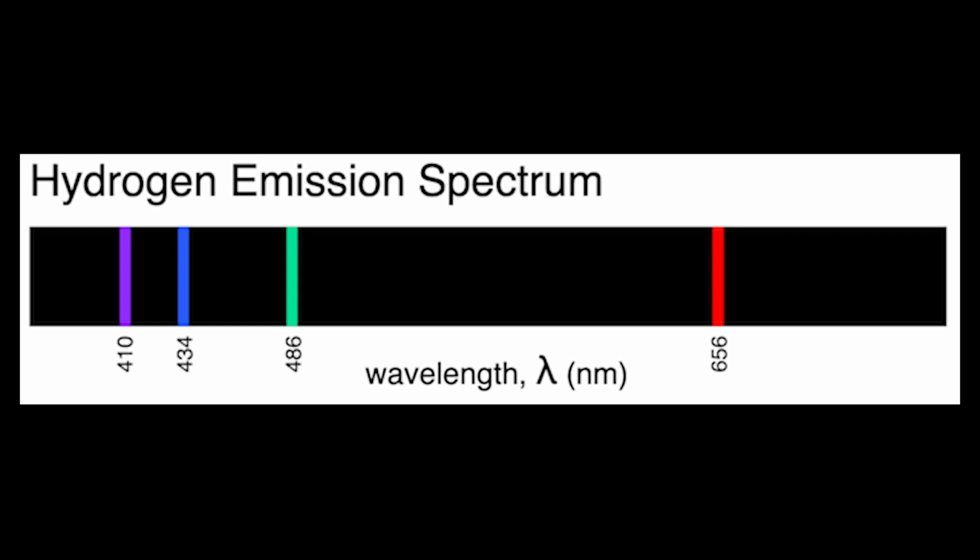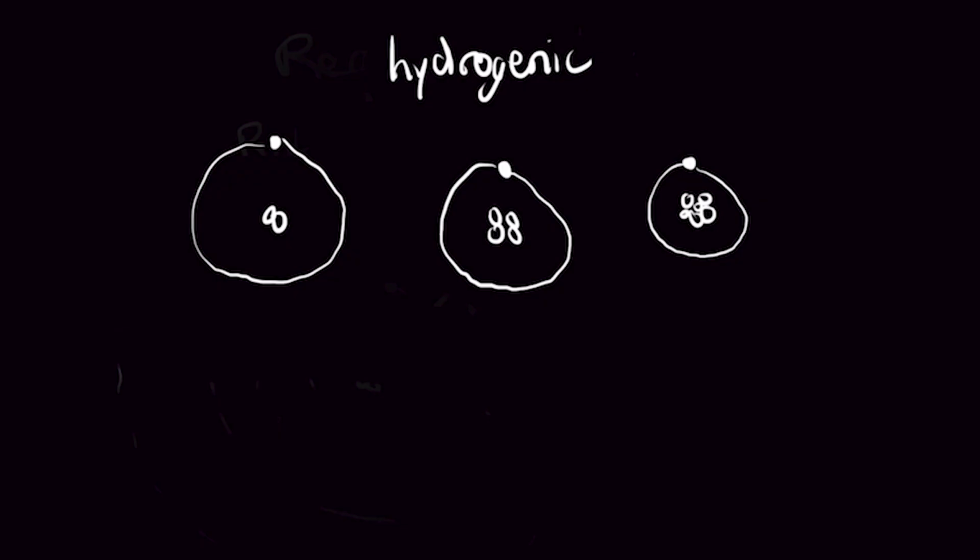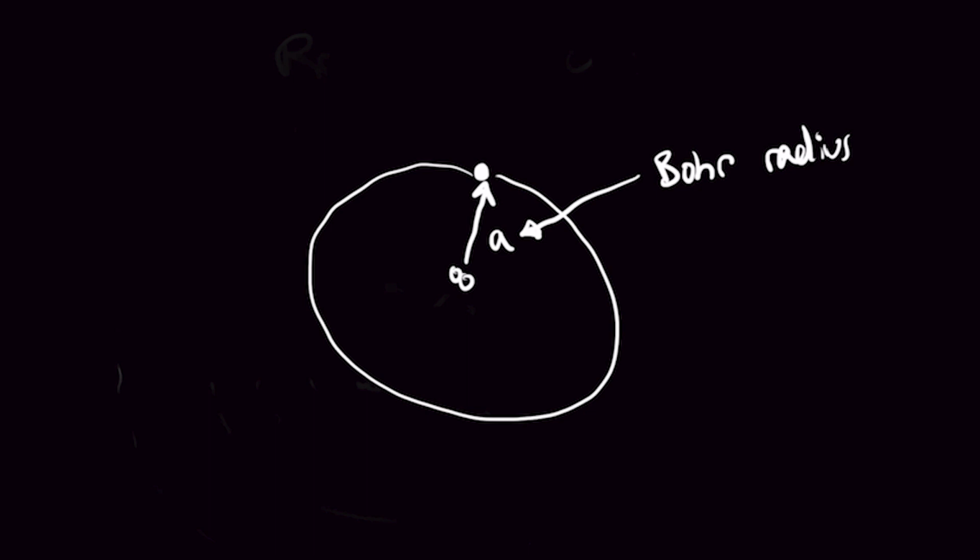Though these theoretical predictions of energies are very close to reality, this model has some issues. Firstly, it only works well for hydrogenic atoms, which are hydrogen-like atoms with only one electron. Secondly, the Bohr model predicts specific, exact radii and positions for electrons. The radius associated with the ground state of hydrogen is called the Bohr radius.